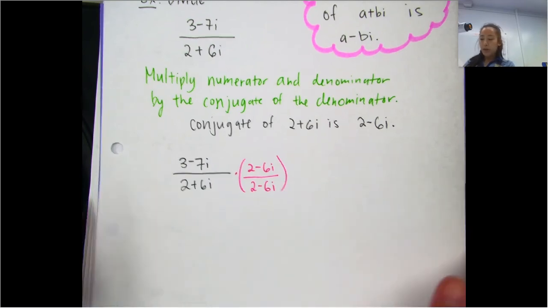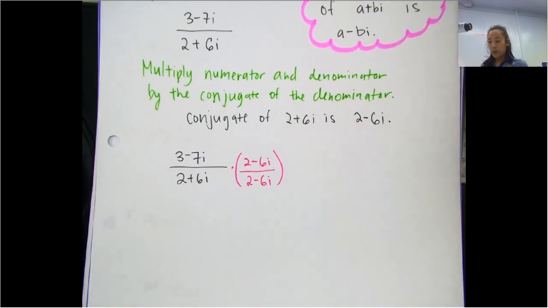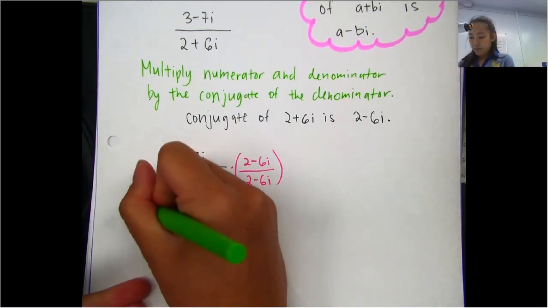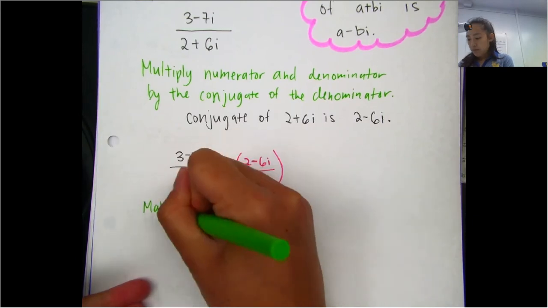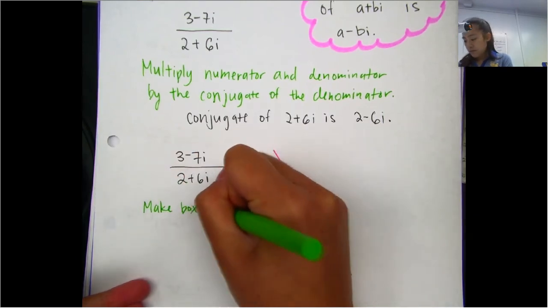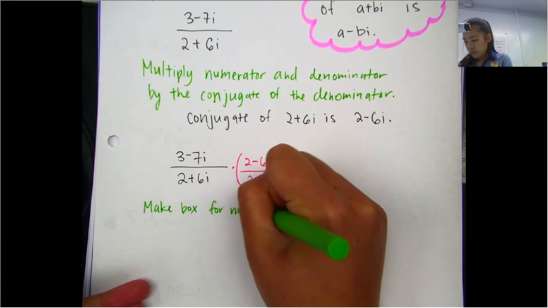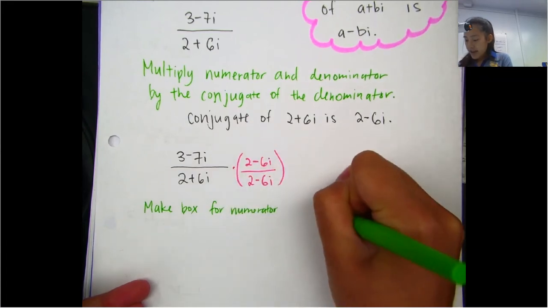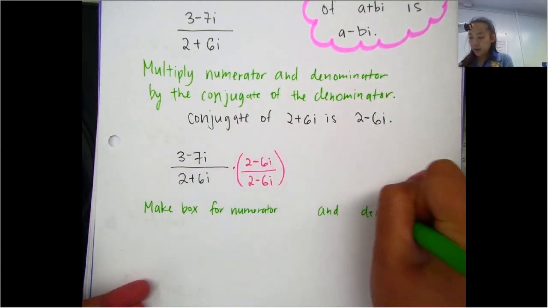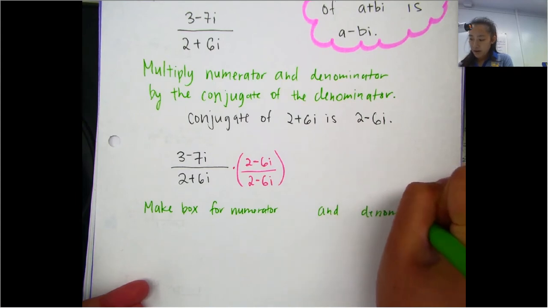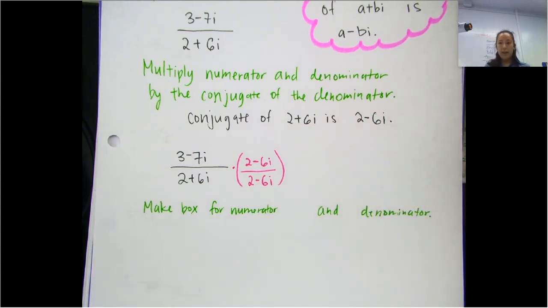Okay, and so what you'll want to do is you want to make a box for the numerator. And you want to make a box for the denominator. Okay, so depending on who your teacher is, depending on who taught you how to multiply binomials, some of you might have heard the words Punnett square, area model.